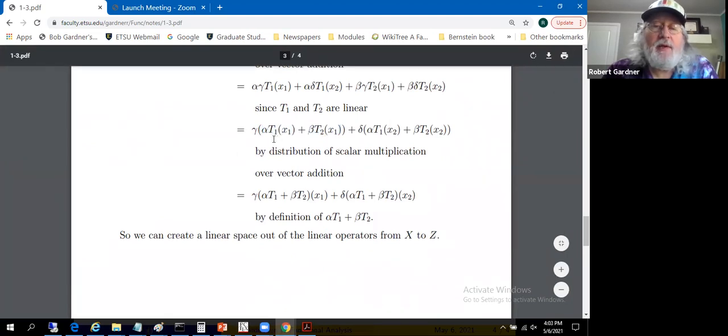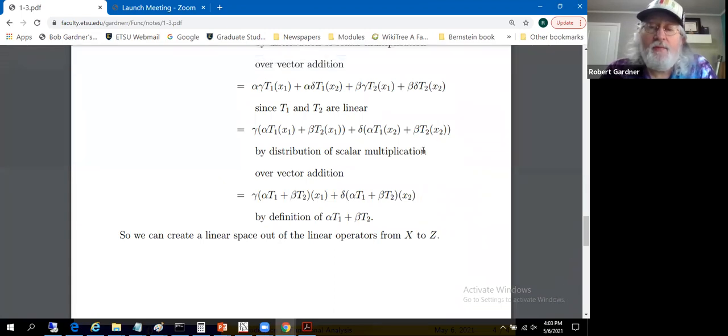That is alpha T1 of x1 plus beta T2 of x1. That's the linear combination applied to x1. Guess what? Same thing over here. This is the linear combination applied to x2.